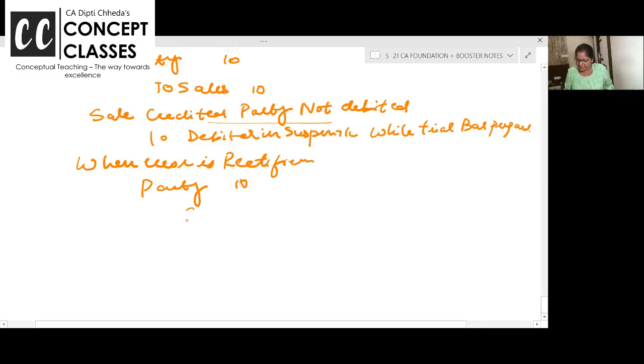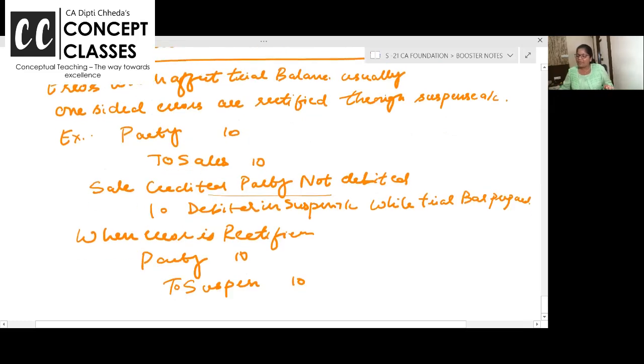Party debit to suspense credit. Take your time, 10 times. You may be saying I will go really fast in chapters where I know depreciation and calculations, SLM, WDV. Give me one problem and you can do it faster than me. So look at this.